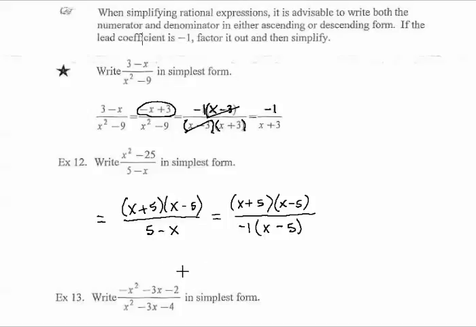Taking out this negative 1 just simply switches the signs. Okay, and I've changed the order of the terms here. If you didn't do that, then we'd have a minus 5 plus x.